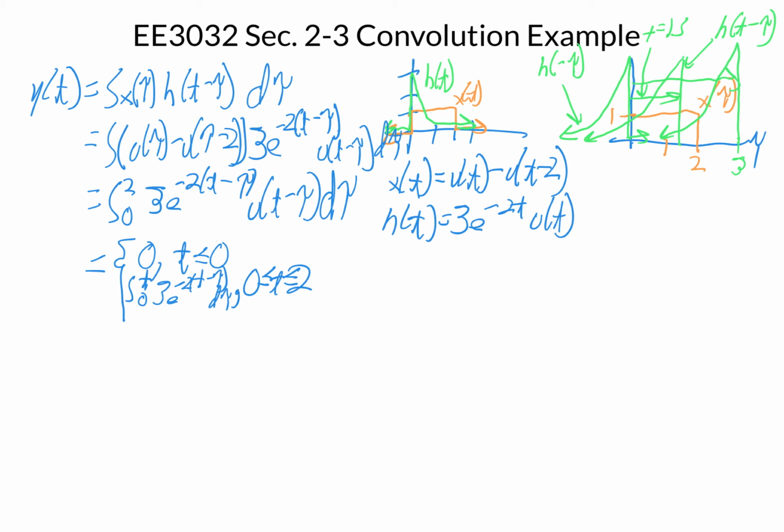So I have 0 to 2 is the region of overlap, and let's write the expression for that. Integrate from 0 to 2 of 3e to the minus 2 times t minus tau d tau, and that's going to be my expression when t is greater than or equal to 2.